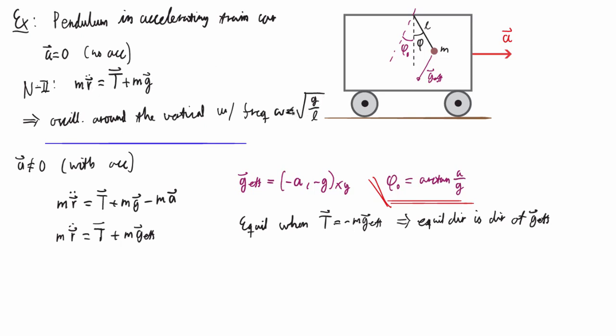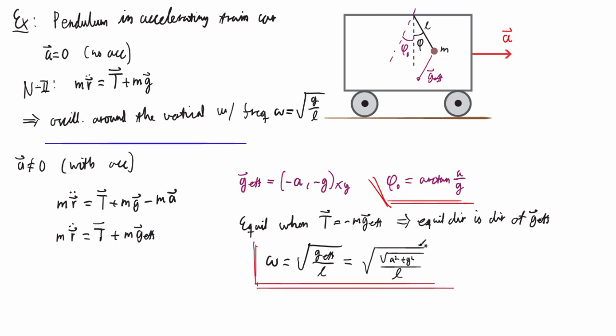By analogy, if omega is the square root of g over L, then omega in this case must be equal to the square root of g effective over L. Now g effective is the magnitude of this vector, so that becomes the square root of a squared plus g squared, divided by L.